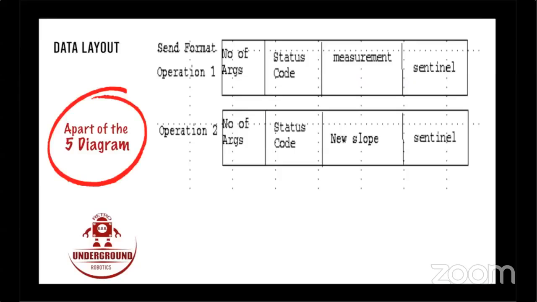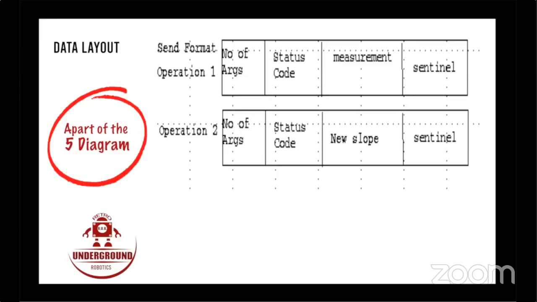If you have a comma separated string that you're sending, and we don't know how many things are going to be in that string, if you put a sentinel at the end, you can tell whoever is receiving that string to look for the sentinel, and that's how you'll know you received the end of the transmission. In our case, the end of the transmission is going to be a pound sign. So for operation 1, which is the measurement, the agent basically sends you back the measurement and a status code.